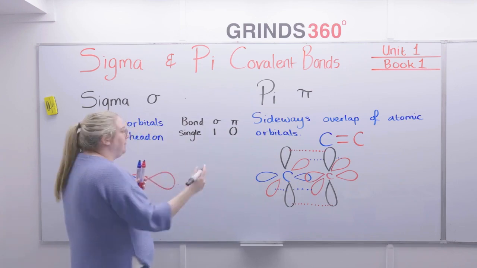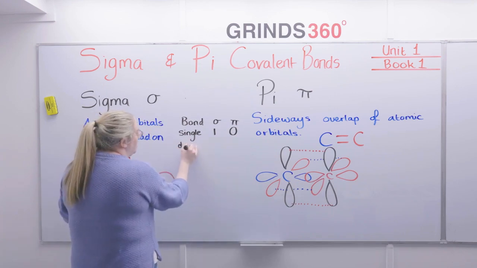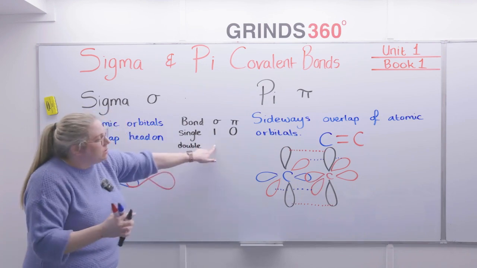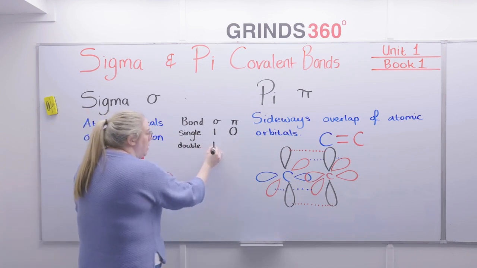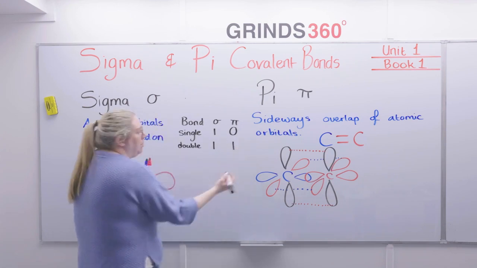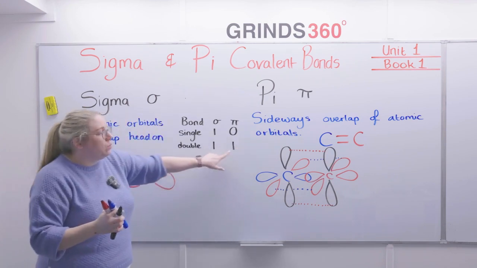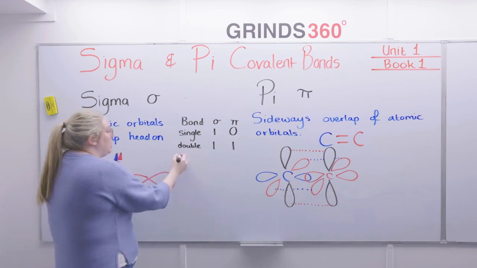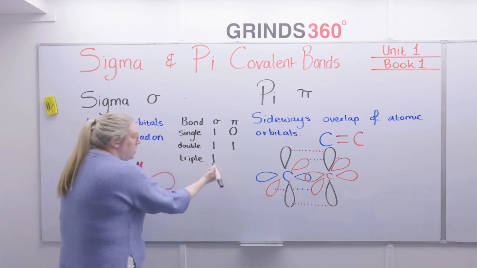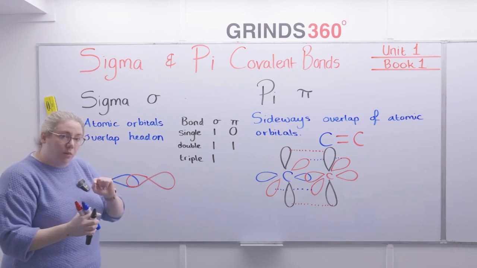They can't be pi. If you have a double bond, though, between two atoms, the sigma bond will form first. So that's 1. But now the second bond that will form is a pi bond. So a double bond has 1 of each. A triple bond between two atoms, the sigma bond will form first, so it'll have 1 of them.